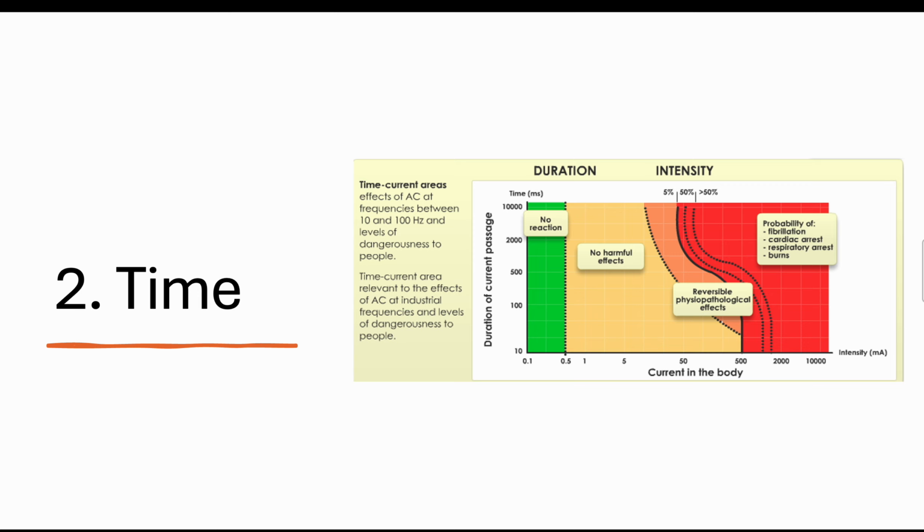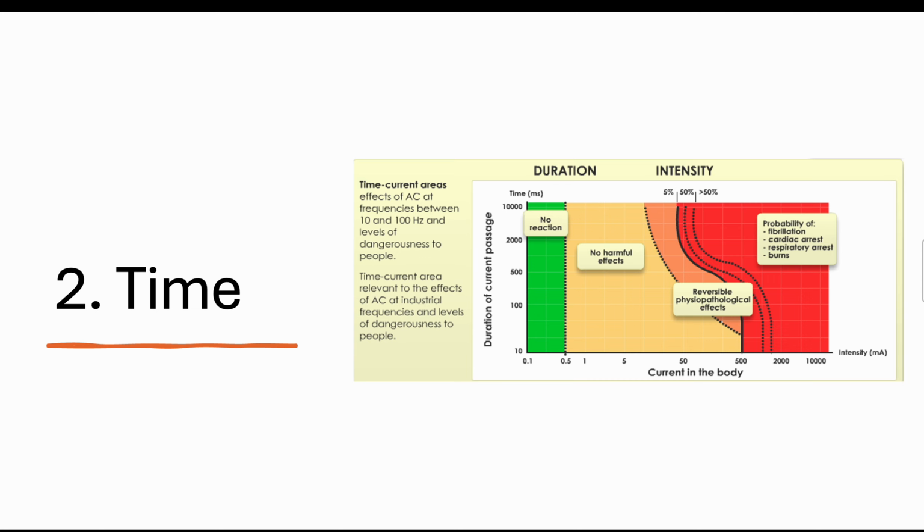So this can include muscle contraction, sometimes violent, and potential loss of control. With prolonged exposure to electric current, this can lead to a condition known as tetany. So this is where the muscles contract and may not release. This sustained contraction can result in the affected individual being unable to let go of the source of the shock.